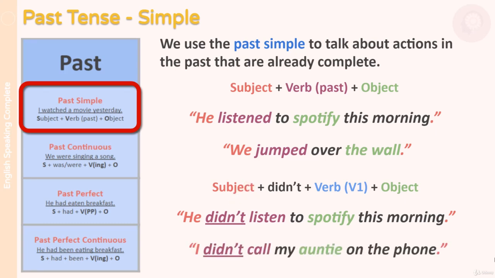I didn't call my auntie on the phone. Again, remember not to add ed into the past tense form. We use V1, the first form of the verb. Okay, so pretty straightforward. But just be careful with accuracy, especially when speaking, to make sure that we're showing off our native fluency.